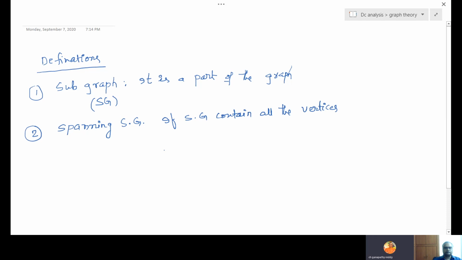Example, this is our graph. What is a spanning subgraph? This is a spanning subgraph because it contains all the vertices.